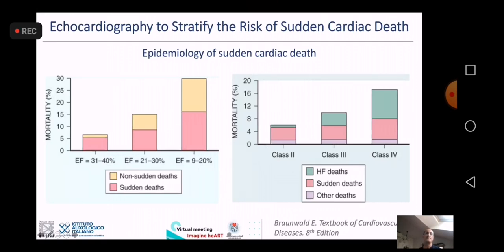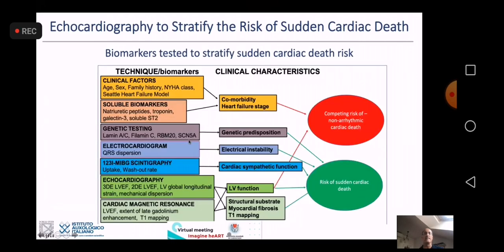This is also shown in these two graphs that I have taken from the Braunwald textbook of cardiology, which also show an often neglected problem: patients with low ejection fraction don't die only of sudden death. The lower the ejection fraction, the more patients die of non-sudden death. So in those patients, despite the low ejection fraction, the implantation of an ICD would be absolutely futile.